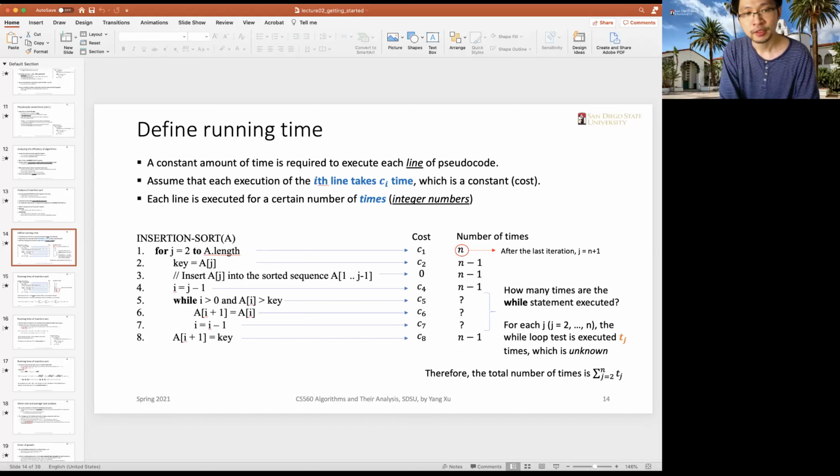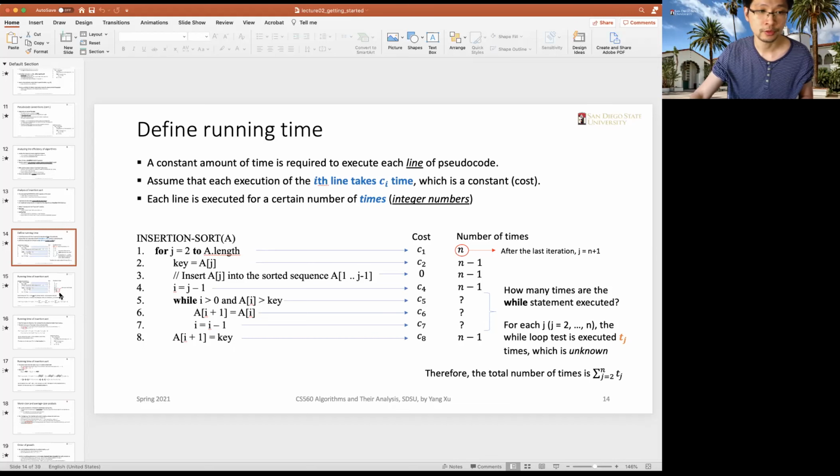If the first line of the for loop has been executed n times, and each execution costs C1, then the total cost for that line is C1 times n. That is a straightforward multiplication.